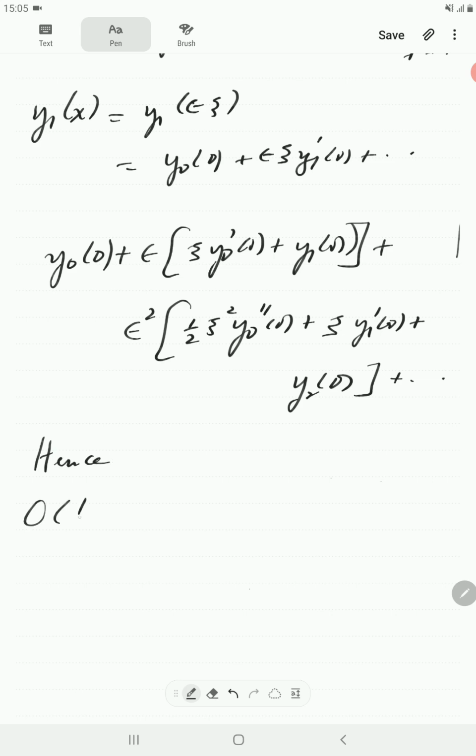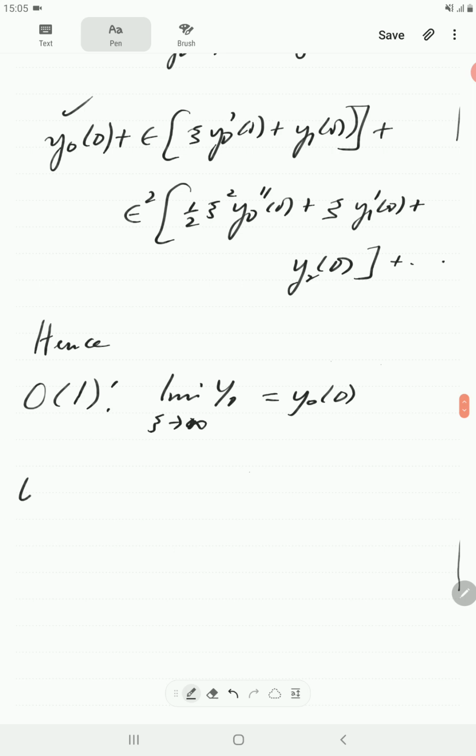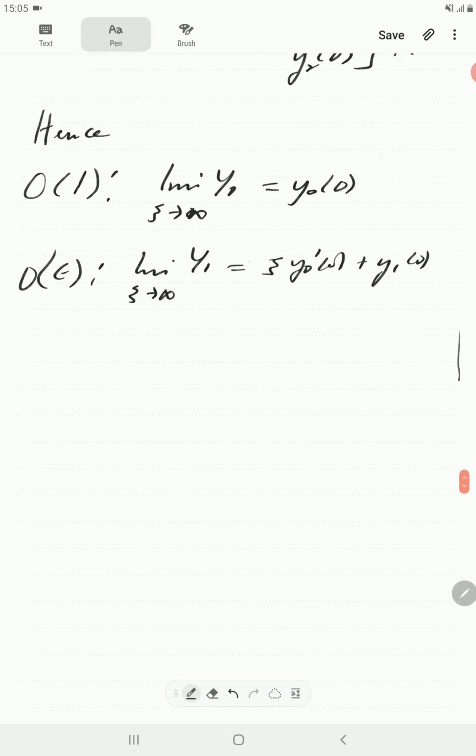So at order 1, we're going to have that the limit of y0 as xi goes to infinity must be equal to y0 at 0, which is this one. Then at order epsilon, we're going to have that the limit of y1 as xi goes to infinity must be equal to xi y0 prime at 0 plus y1 at 0.